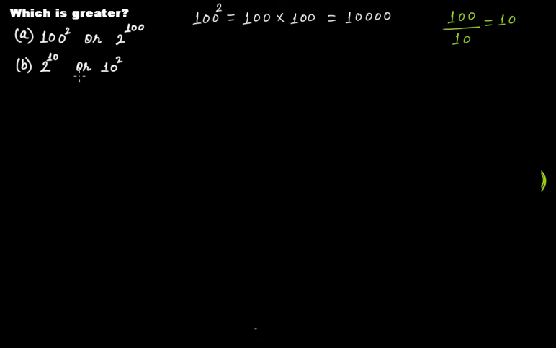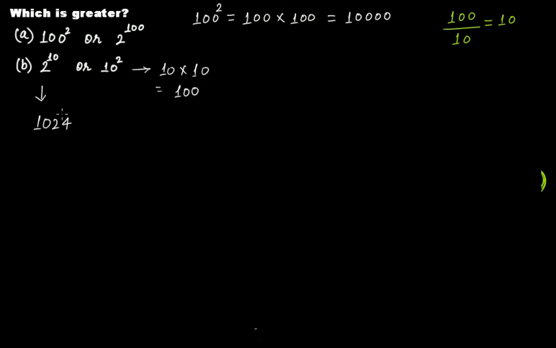Now look at this one. This is 2 raised to the power of 10 and 10 raised to the power of 2. Now clearly we have calculated the value of 2 raised to the power of 10, and that is 1024. So 2 raised to the power of 10 is 1024, and this 10 raised to the power of 2 can be written as 10 times 10, that is 100.